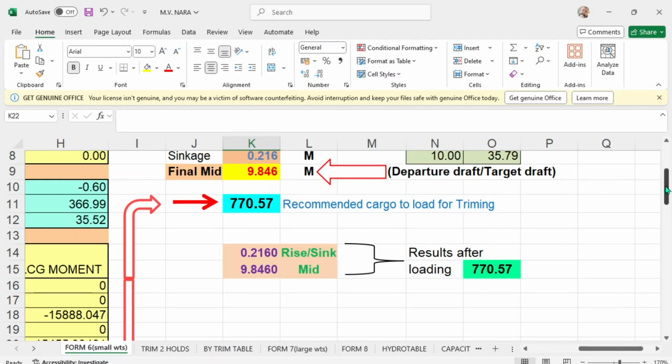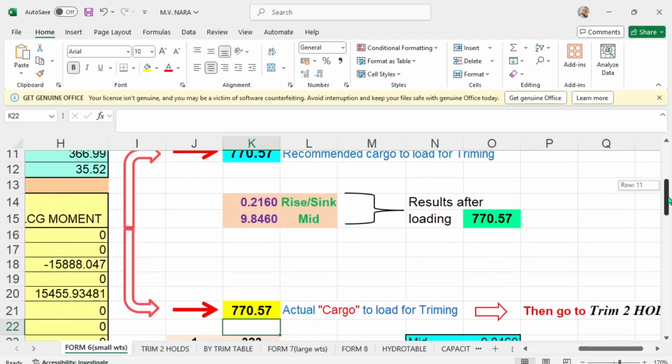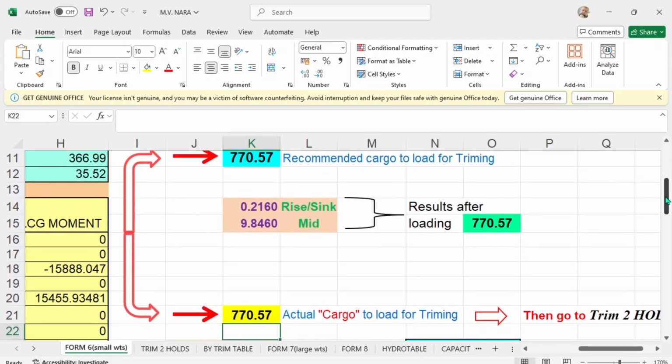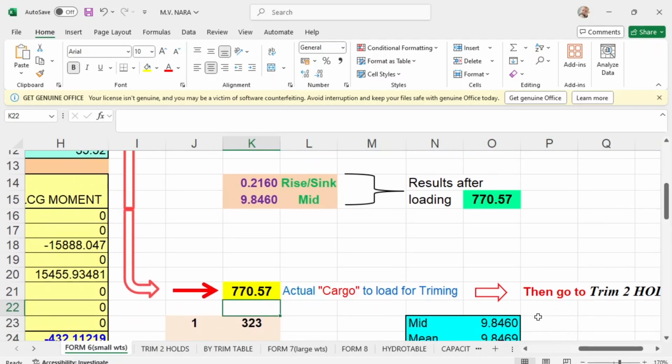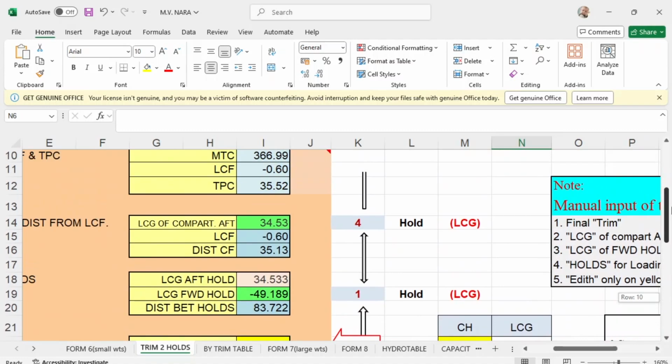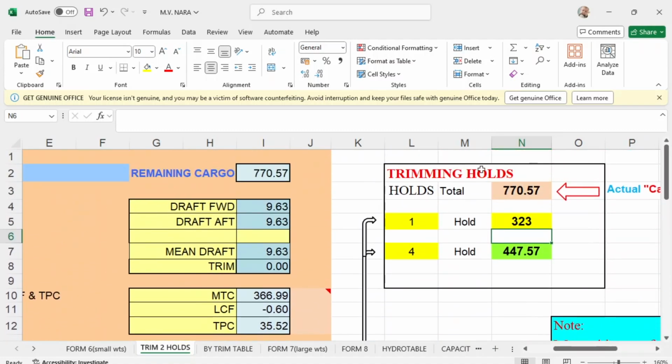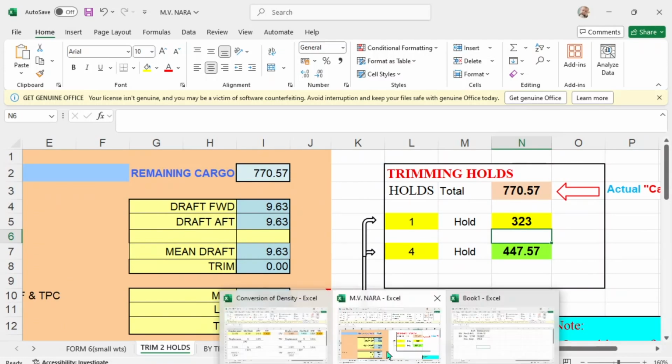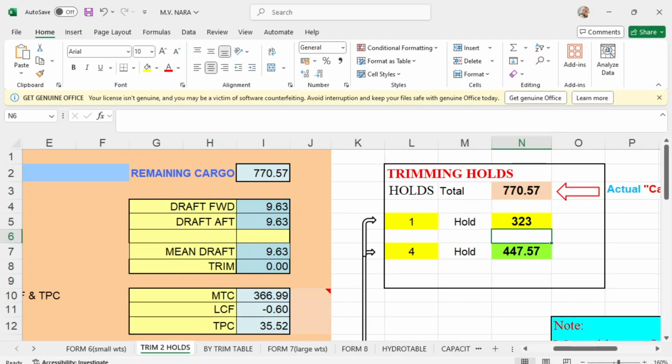So now we're going to distribute the cargo in two holds. We go now to trim two holds, which is this one, and we're going to load. Look at the remaining cargo to load, which is 770.57, this one, guys.